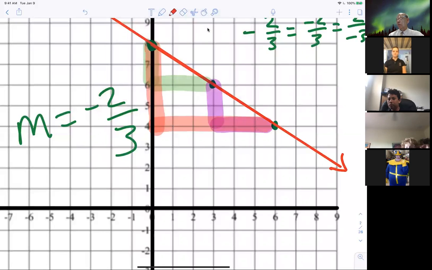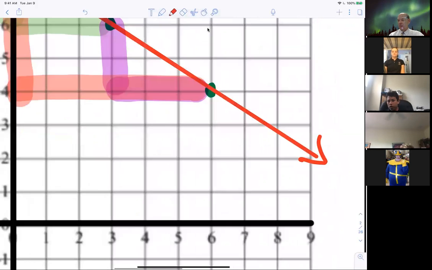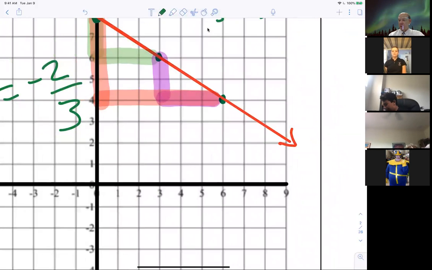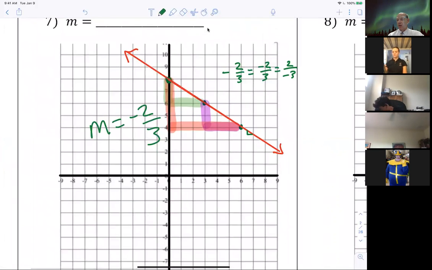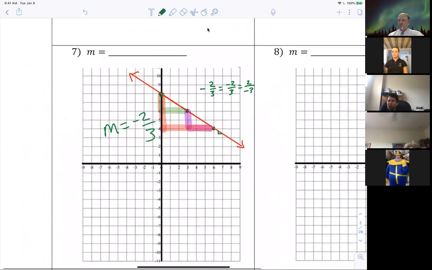It's still 2/3. And what if I'm wild and crazy and I pick this? What is that still? 2/3. It doesn't matter what 2 points you pick. It will always be 2/3. That's why we say the slope is constant. It does not change. No matter what 2 points you select, your slope will always remain the same.